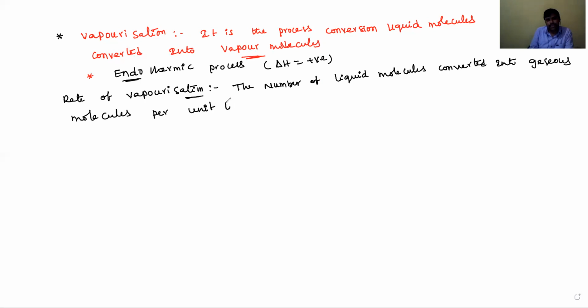So the number of liquid molecules converted into gaseous state molecules in a given time period is known as the rate of vaporization. How will this rate of vaporization depend?